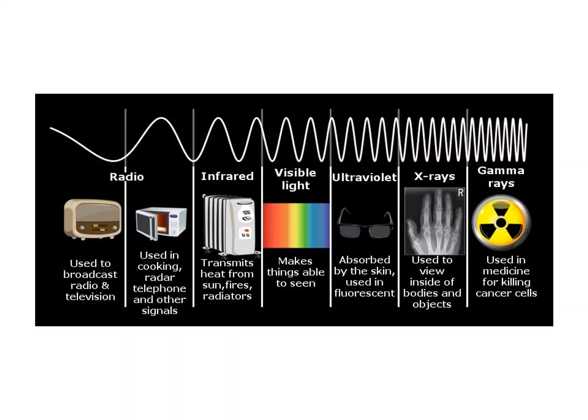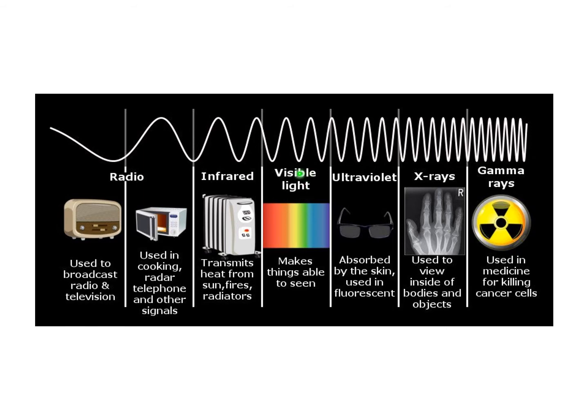So to give you some examples in real life, we use radio waves to broadcast radio and television signals. We use microwaves, which are a little bit shorter and greater frequency, for cooking. A radiator transmits infrared energy, electromagnetic energy.